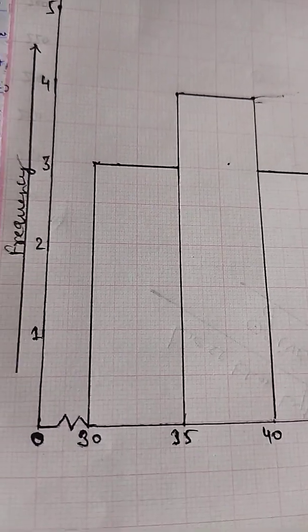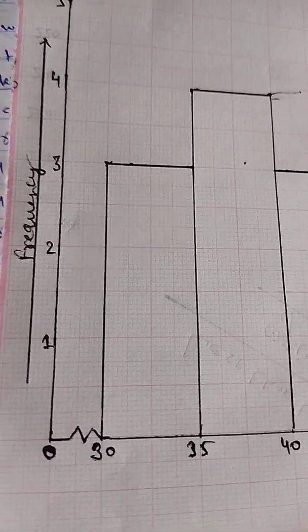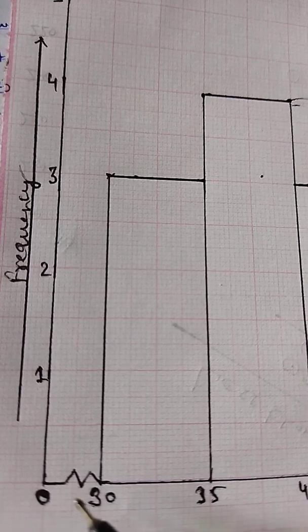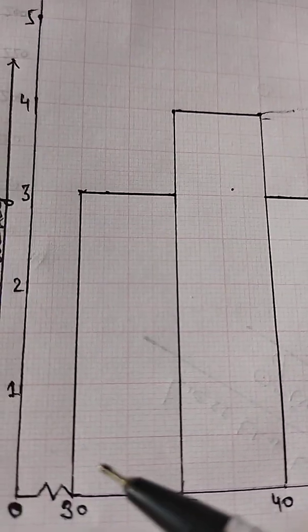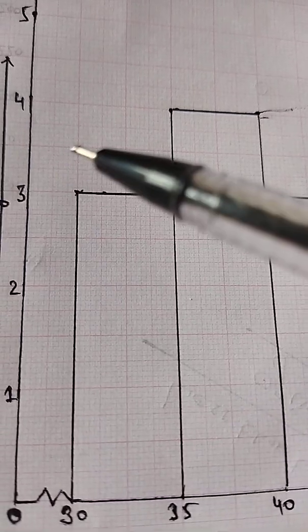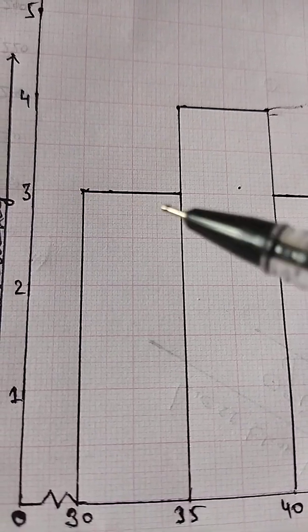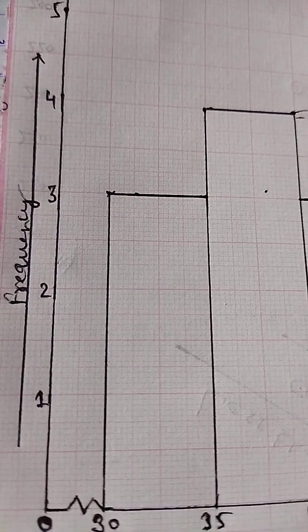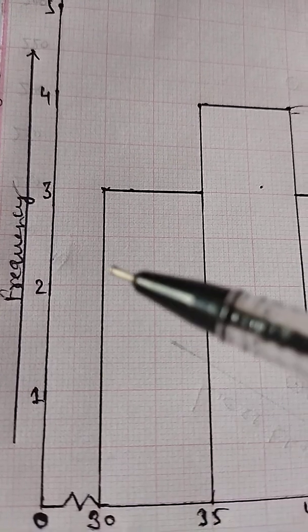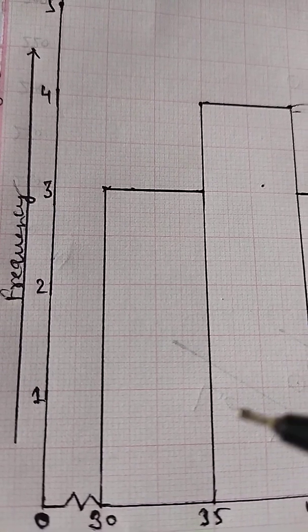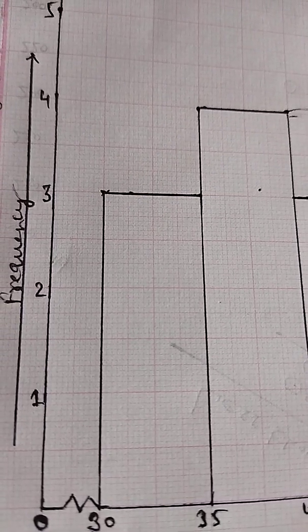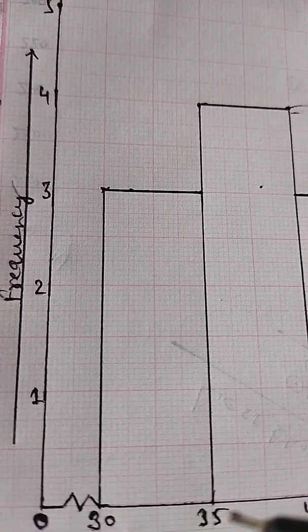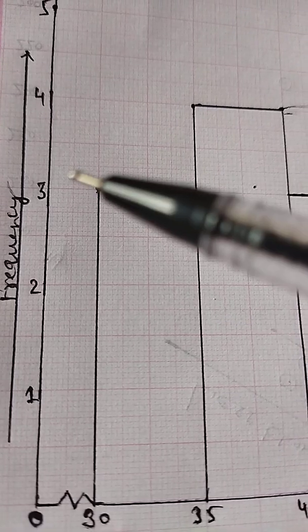Now once you have drawn this, then you have to mark this kink, start with 30 to 35 and begin with 30. The frequency of 30 to 35 is 3. So you have to draw the line from 30 up to 3, and at 35 also at 3 you need to block that. So 30 to 35, 3, one rectangle.